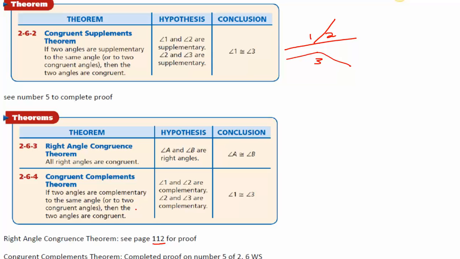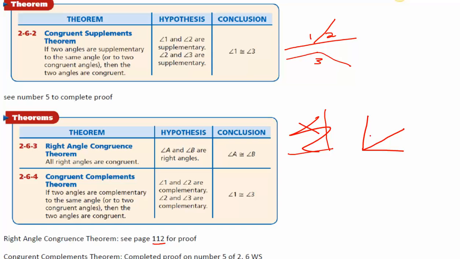The congruent complements theorem, you already proved that. In your last worksheet on number 5 on the 2.6 worksheet, you actually proved one case of the congruent complements theorem, which says that if you have two angles that are complementary to each other, remember that that means that they add up to 90 degrees, just 90, not 190.